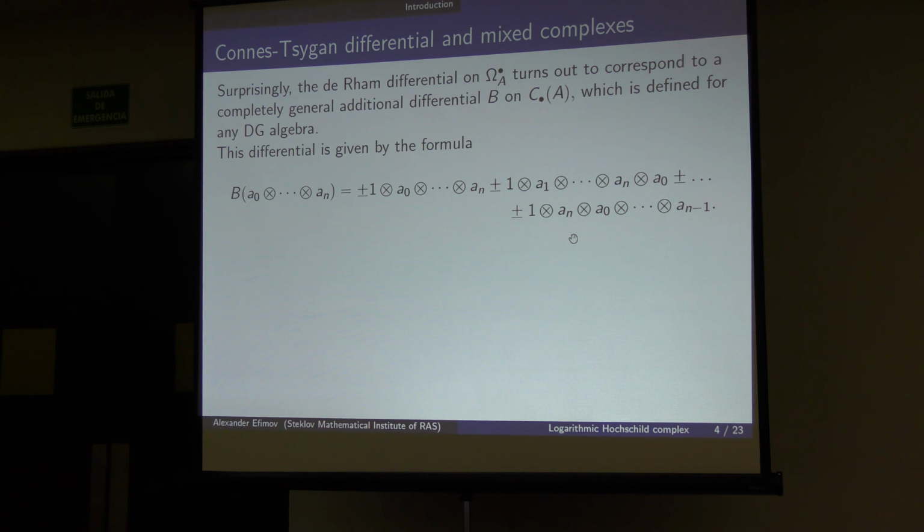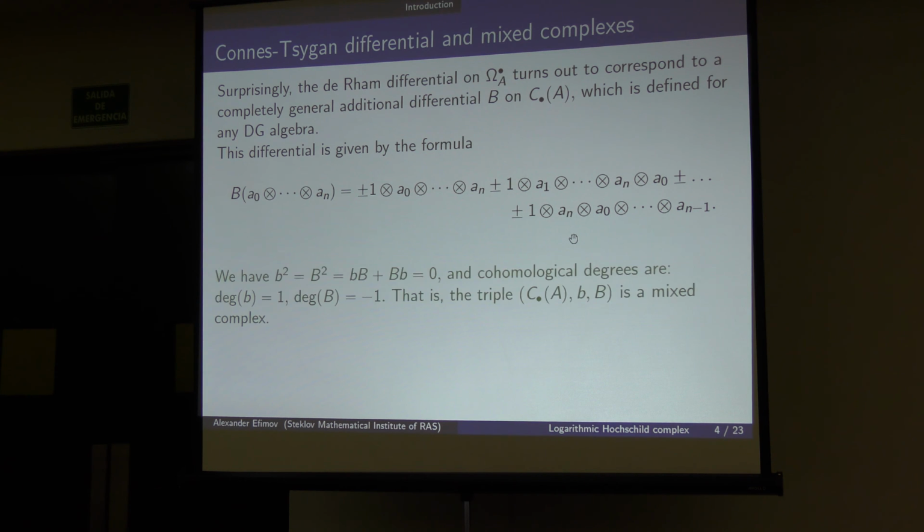We just take all the cyclic permutations of our element of the tensor power and just attach the unit on the left. With appropriate signs, of course. It can be checked, of course, if you write down the signs.